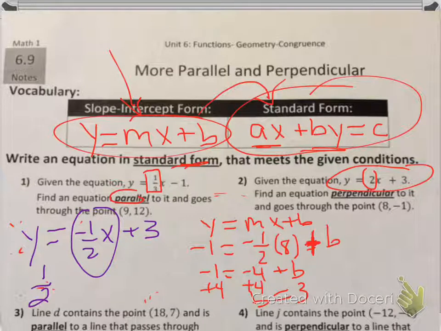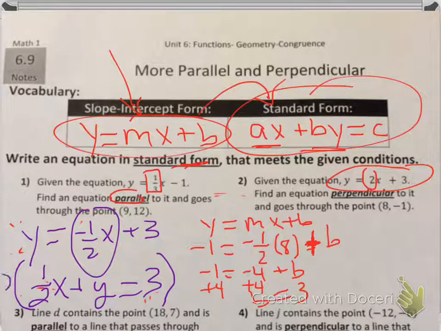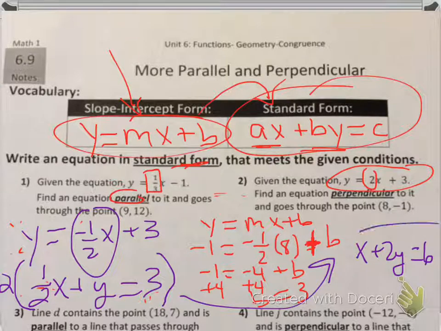When I add it to the other side, it really just moves over there as 1/2 x plus y equals 3. The last thing I need to do is get rid of that 2 because I can't have a fraction, so I'm going to times the whole equation through by 2. When I do that, I get x plus 2y equals 6.